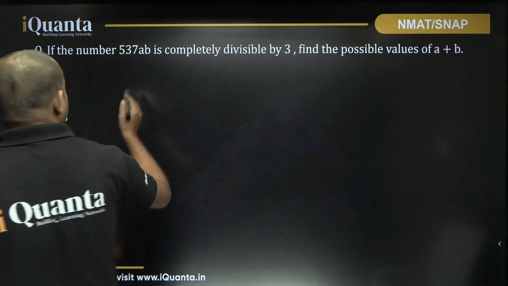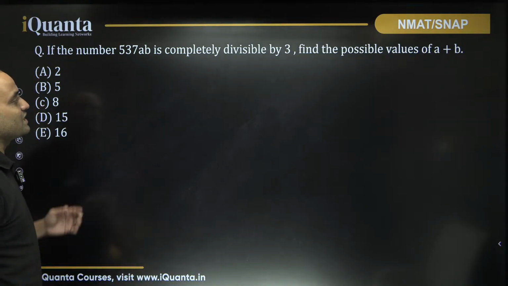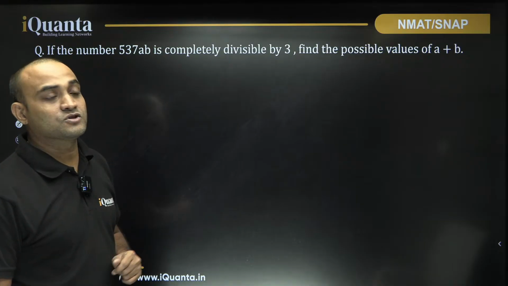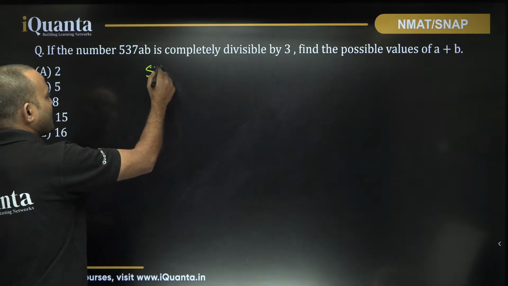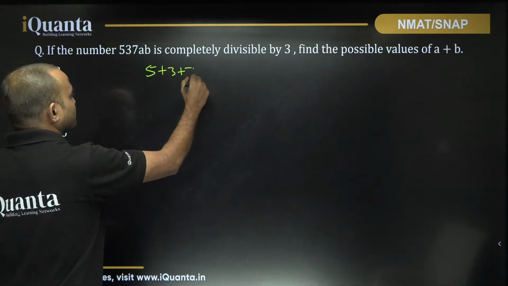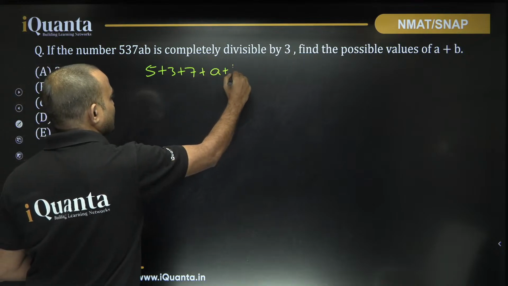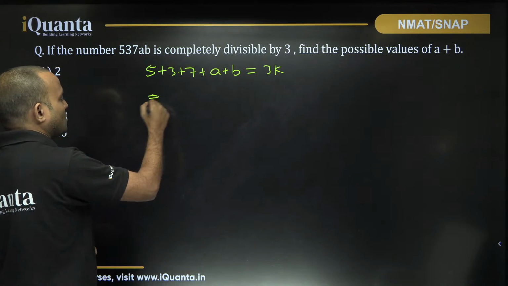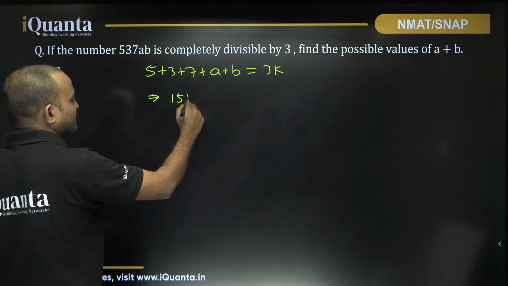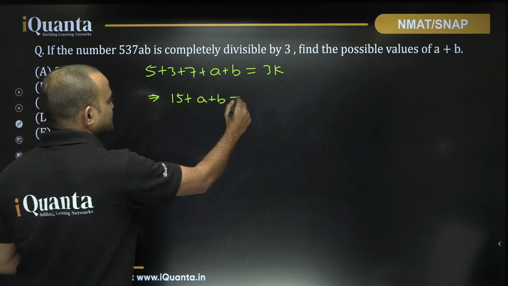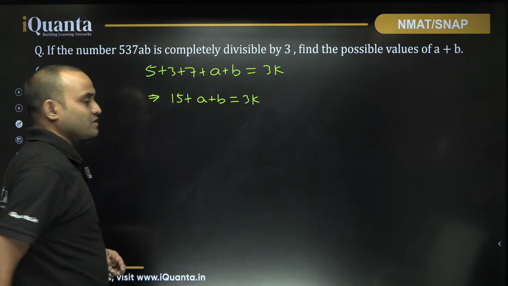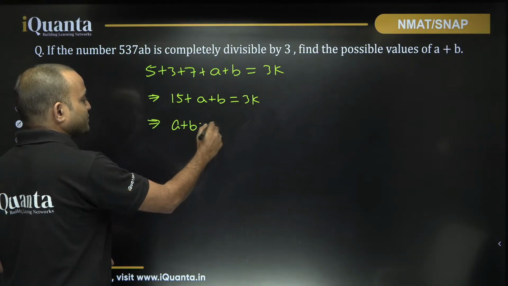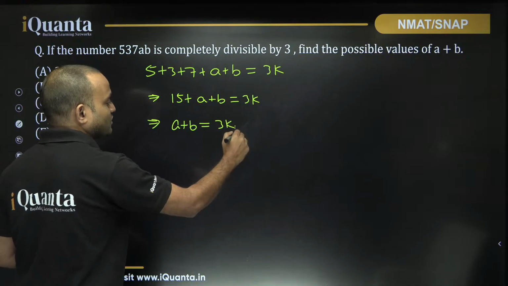So if the number 537AB is completely divisible by 3, find the possible values of A plus B. So 5 plus 3 plus 7 plus A plus B should be a multiple of 3, or we can say 8 plus 7, 15, plus A plus B should be a multiple of 3. Now, 15 is a multiple of 3, that means A plus B should also be a multiple of 3.